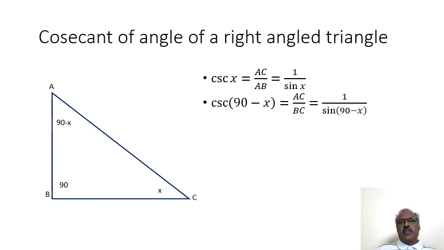Similarly, cosec of 90 minus x equals 1 over sine of 90 minus x. Now, since there is a relationship between sine x and sine 90 minus x, cosec of x is equal to 1 over cos of 90 minus x, and cosec of 90 minus x equals 1 over cos of x.